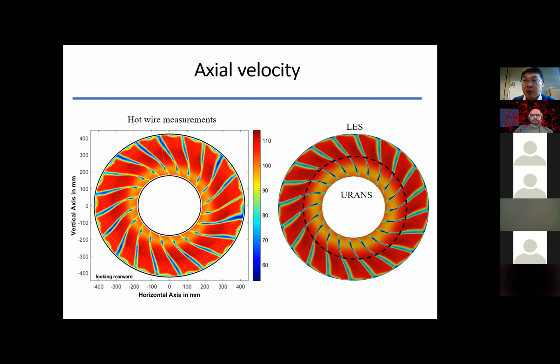One reason is the blade may be fluttering or vibrating in this condition, and also the measurement is made using the hot wire. The hot wire also probably vibrates a bit, so you can see the variation in the passage. In the simulation, we just simulate one passage, so it's just axisymmetric. But obviously, you can see some similarities between the two.